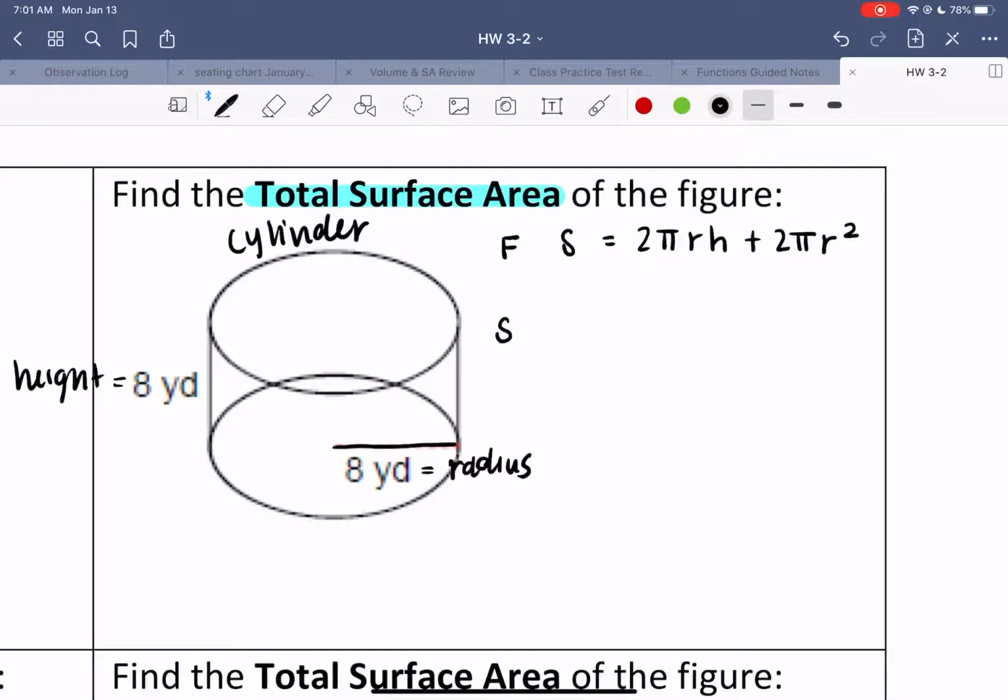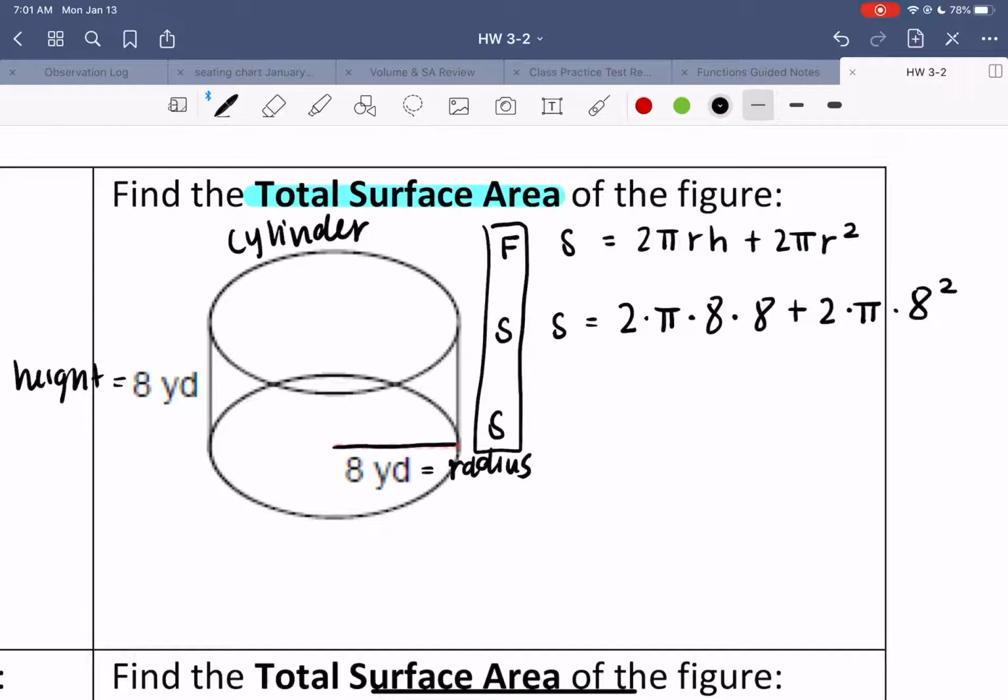So from there, we'll be able to say the surface area equals 2 times pi times the radius of 8 times the height of 8 plus 2 times pi times 8 squared. So, this might get confusing, so formula, substitute, solve, and then S for surface area. From there, we'll be able to find an answer in yards squared.